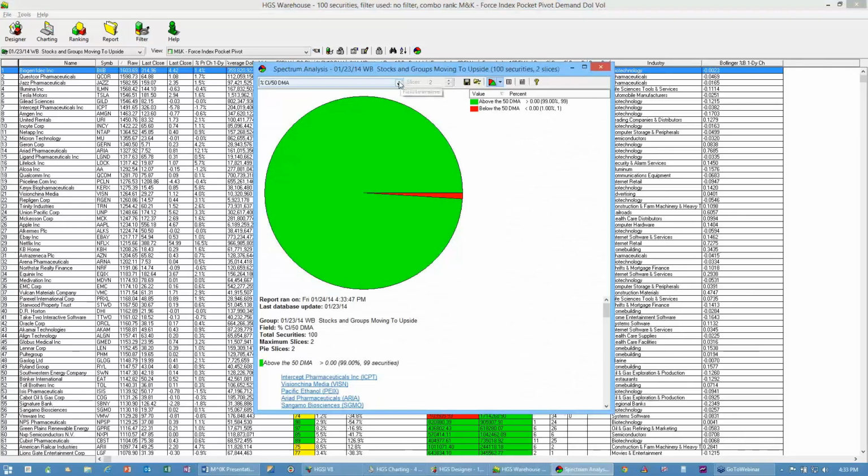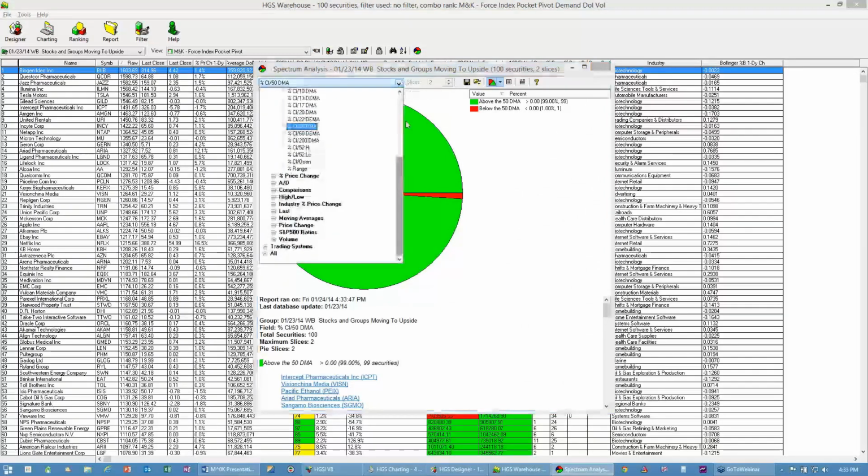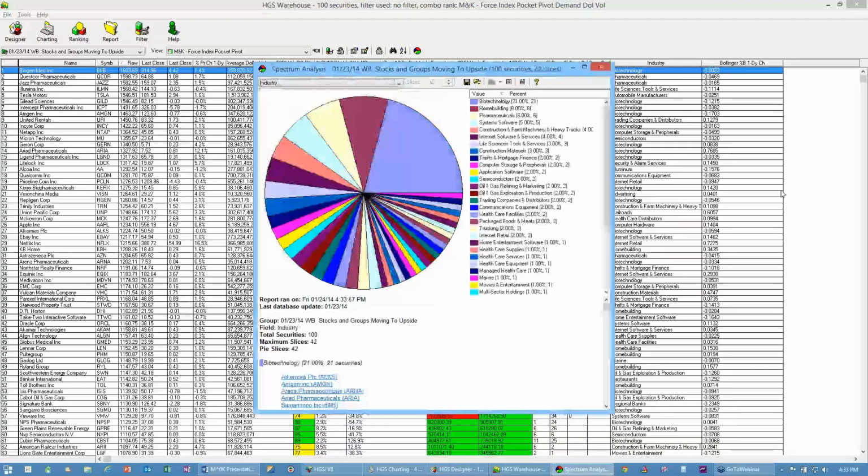If you just use this drop down and go to the industry category and click on that, this is a visual breakdown of the stocks that are included in this view. And biotechnology has dominated this view for weeks now. And that's what you can do every day. Just apply this to the view, use a spectrum analyzer, drop down to the industry.